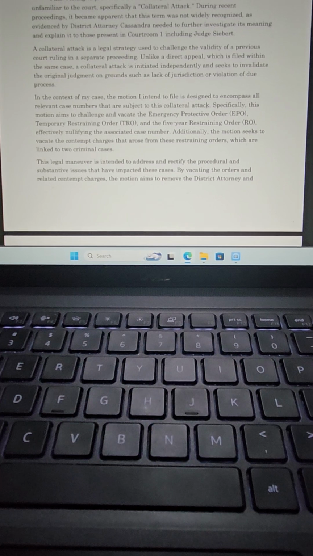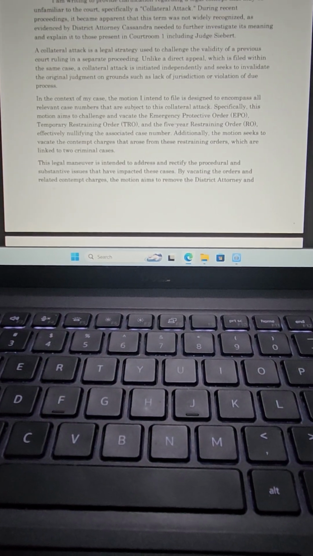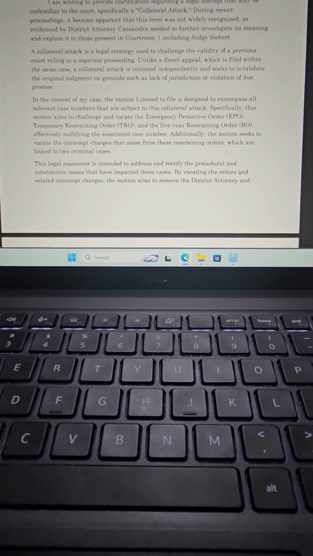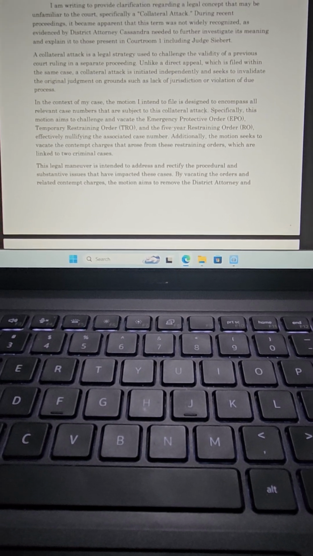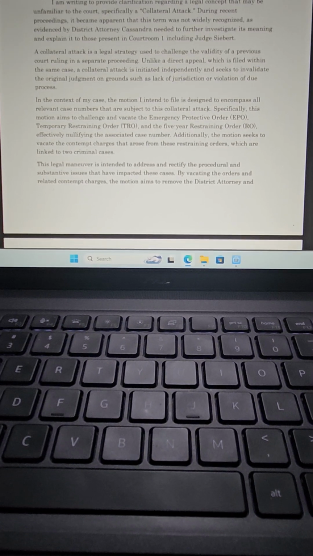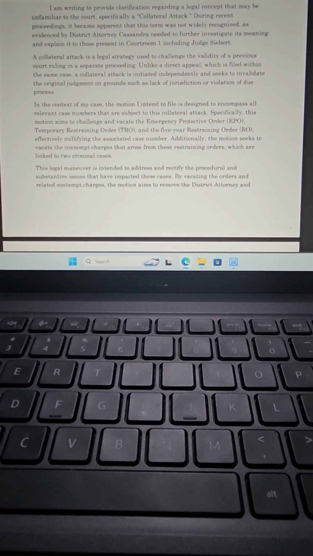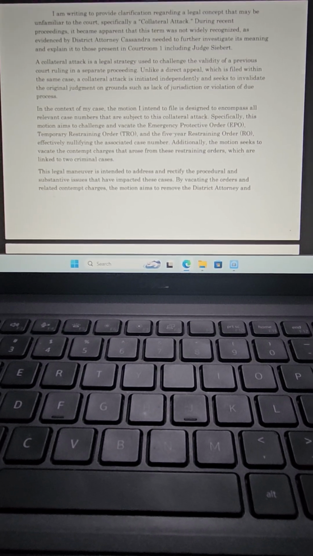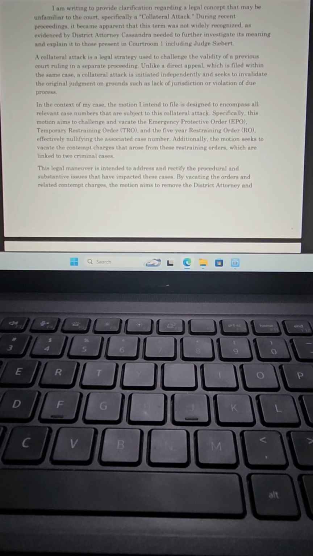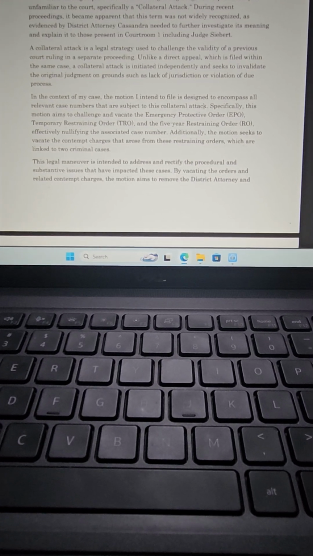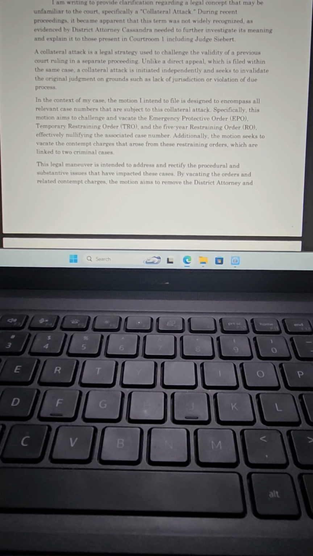In the context of my case, the motion I intended to file is designed to encompass all relevant case numbers that are subject to this collateral attack. Specifically, this motion aims to challenge and vacate the emergency protection order, temporary restraining order, 5-year restraining order, effectively nullifying the associated case number. Additionally, the motion seeks to vacate the contempt charges that arose from these restraining orders, which are linked to 2 criminal cases.